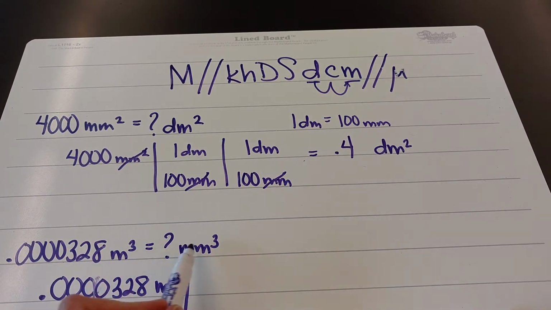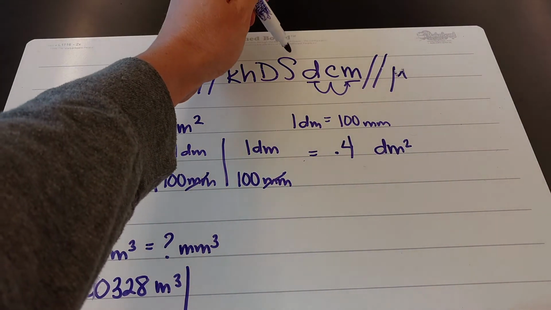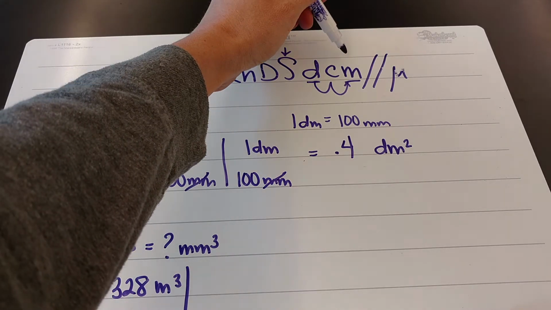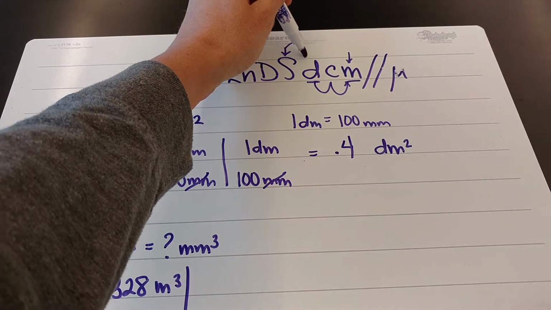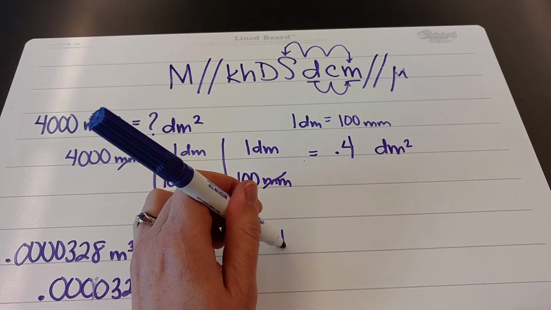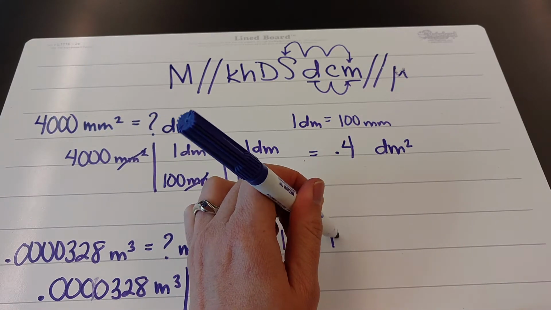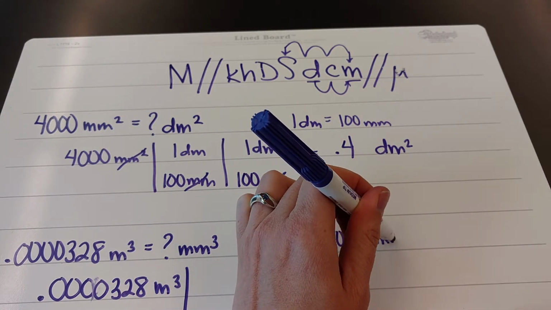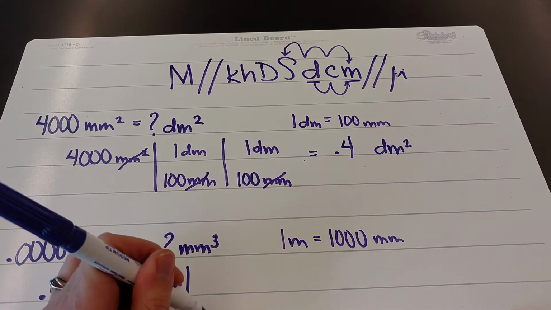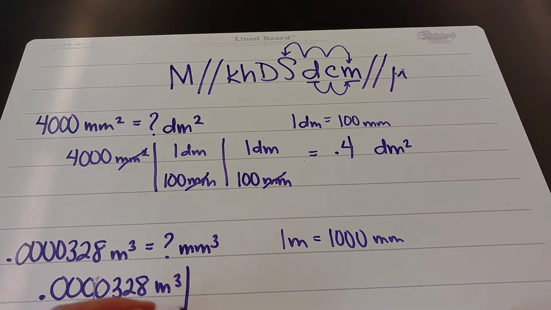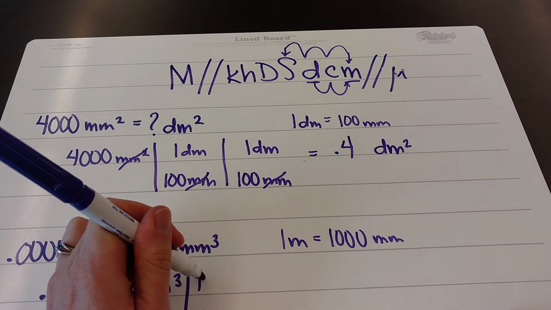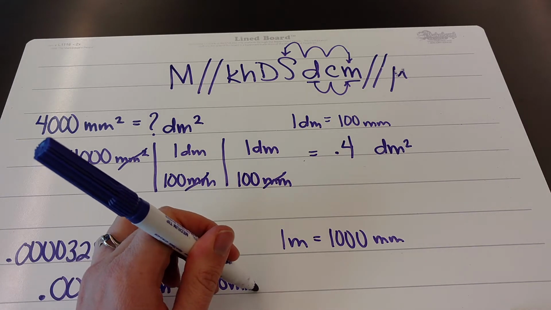Okay, relationship between meter and millimeter. Here's our meter, our standard. Here's our millimeter. 1, 2, 3. So 1 meter is 1,000 millimeters. 1 meter will go on the bottom because we eventually want to cancel a cubic meter. 1,000 millimeters on the top.